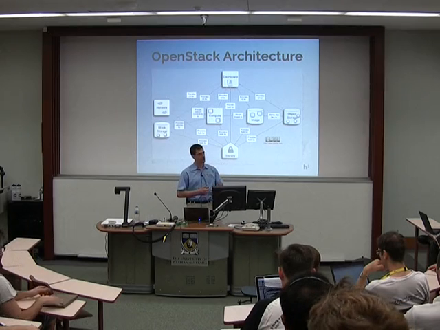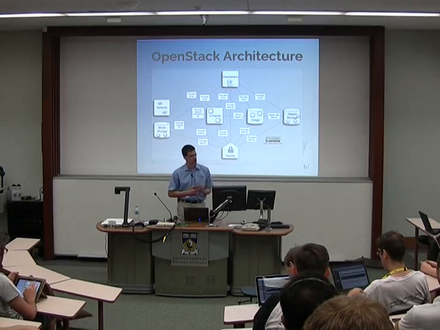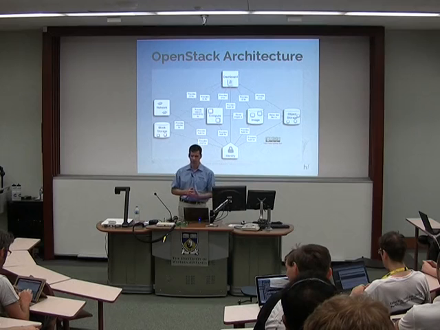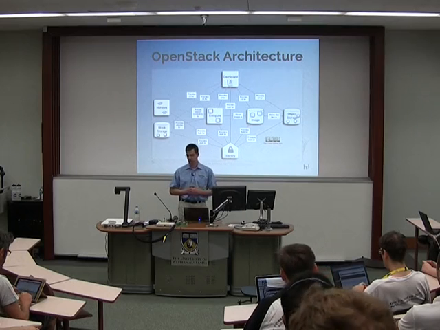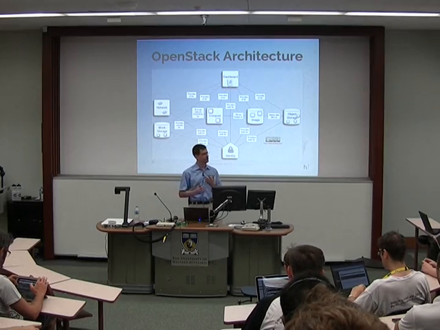On top of that, we have a number of client toolkits and SDKs that we can use to interact with an OpenStack cloud programmatically, whether that is through Python or Java, or scripting something with curl, if you're into pain.